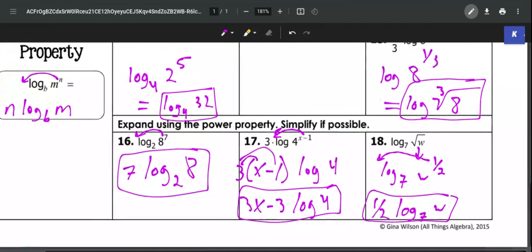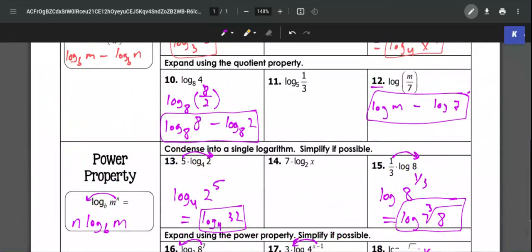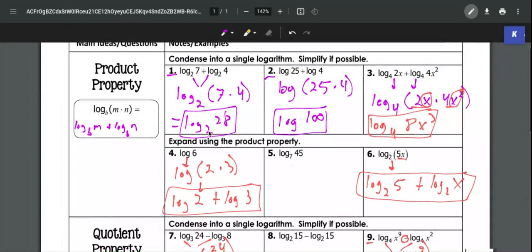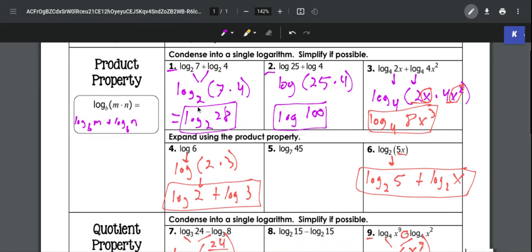So that is the power property, the quotient property, and the product property. The product property is just if you have two logarithmic forms added, then you can rewrite those as your two numbers multiplied, and you'll just keep your log base the same.